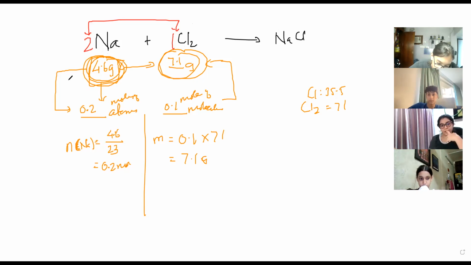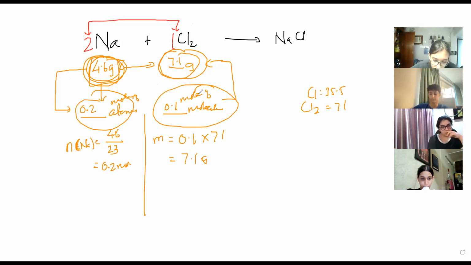I found that out, then I use the ratio. According to the ratio, chlorine molecule should be 0.1 mole. And then I find out how many grams of chlorine I need to take for 0.1 mole of chlorine molecules, so I use this formula to find the mass of chlorine. Is everyone okay? Can you solve one sum now?